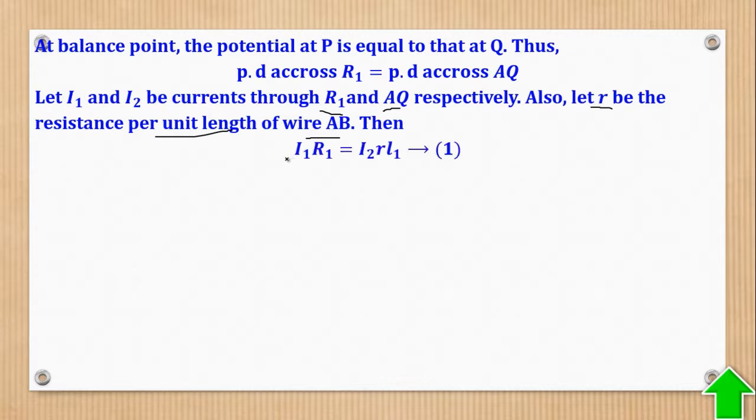It implies that I1 R1, which is the PD across R1, is equal to I2 r L1. Why? Because remember, PD is IR. How do we get the resistance of that length? It is the resistance per unit length multiplied by the total length, which is L1.